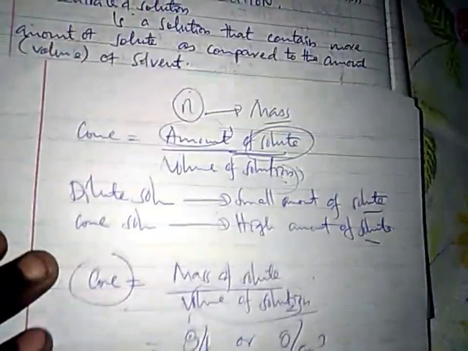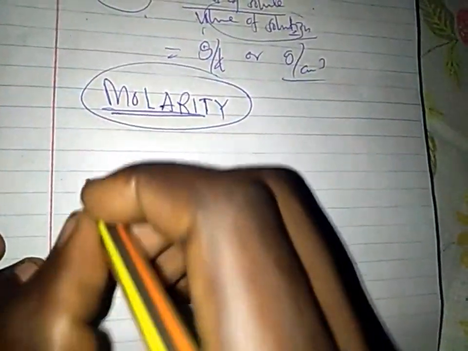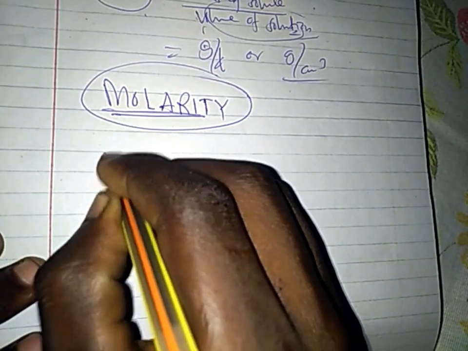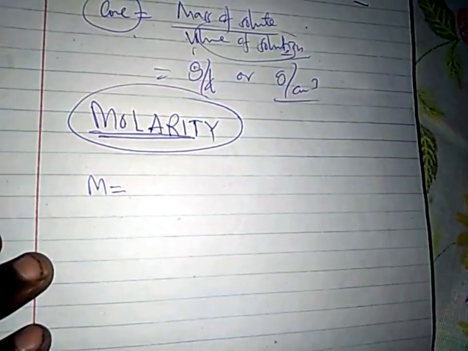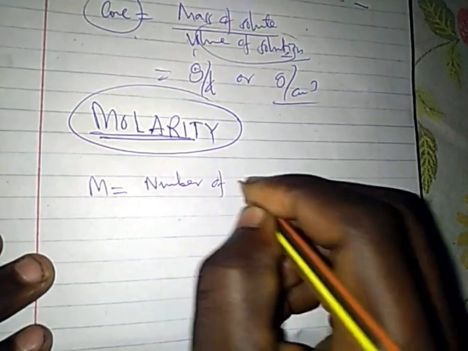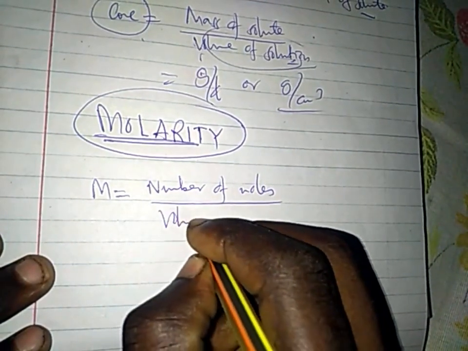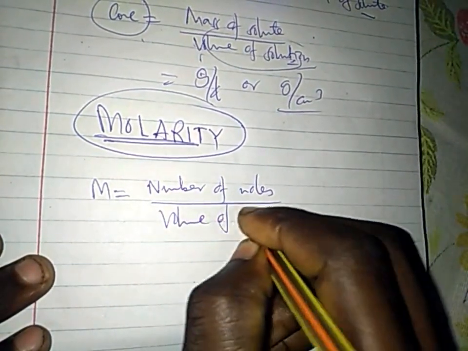We normally abbreviate molarity as M. M is equal to number of moles of solute divided by volume of solution.